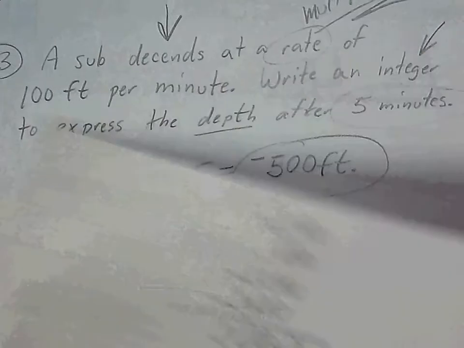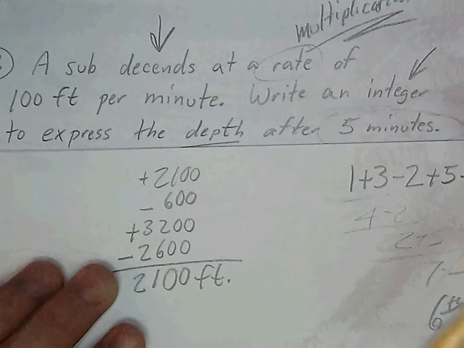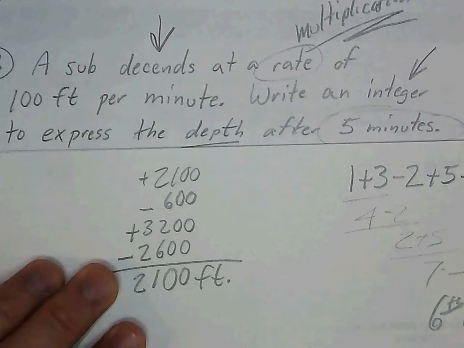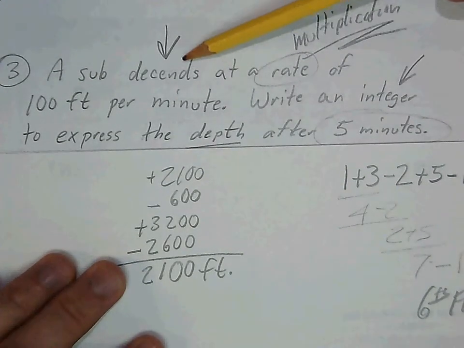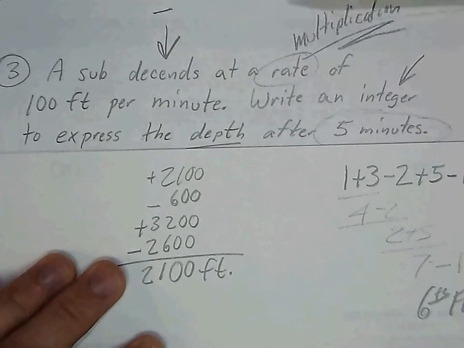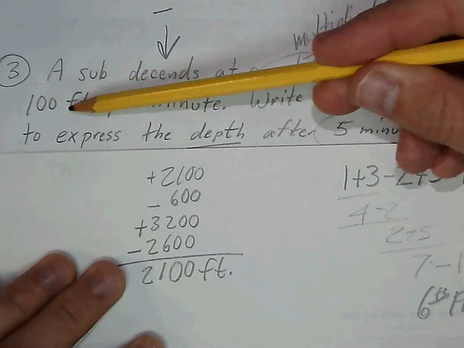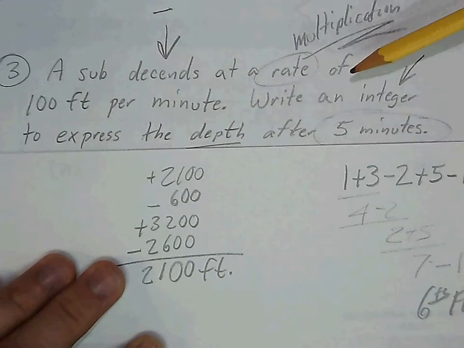Okay, this one is about a submarine depth. Okay? So it says a sub descends, so you need to know that that is negative, okay, at a rate is multiplication, okay, like miles per hour and stuff like that, and it descends at a rate of 100 feet per minute, so every minute it goes down 100 feet, descends.